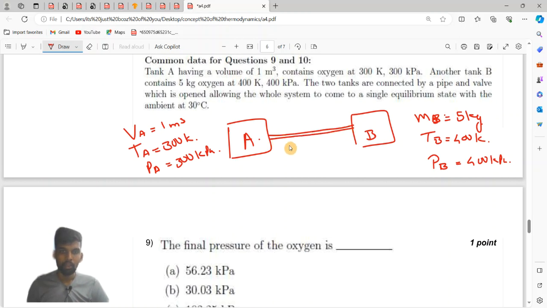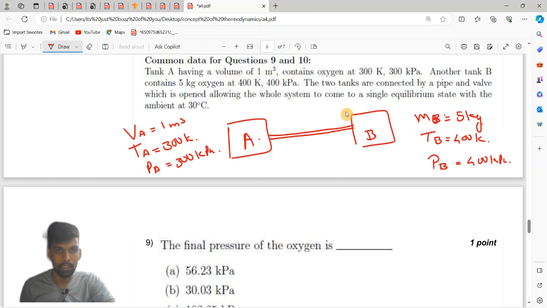In this kind of question, one more thing I would like to add. You might be thinking, when I will be solving for state 2, I will be adding volume of tank A and volume of tank B, and some of you might think what to do with this pipe. First, they haven't given any information about the pipe, meaning the dimension of the pipe, so we are not in a position to calculate anything about the pipe.